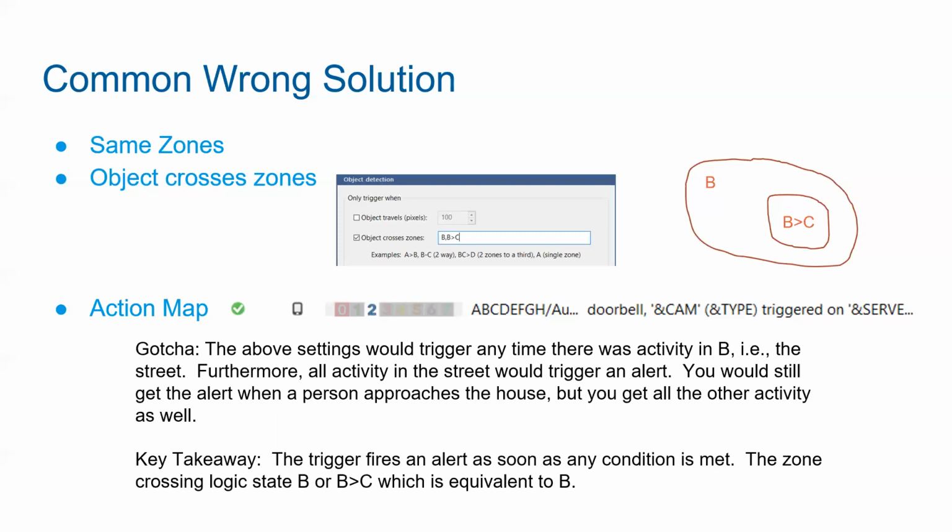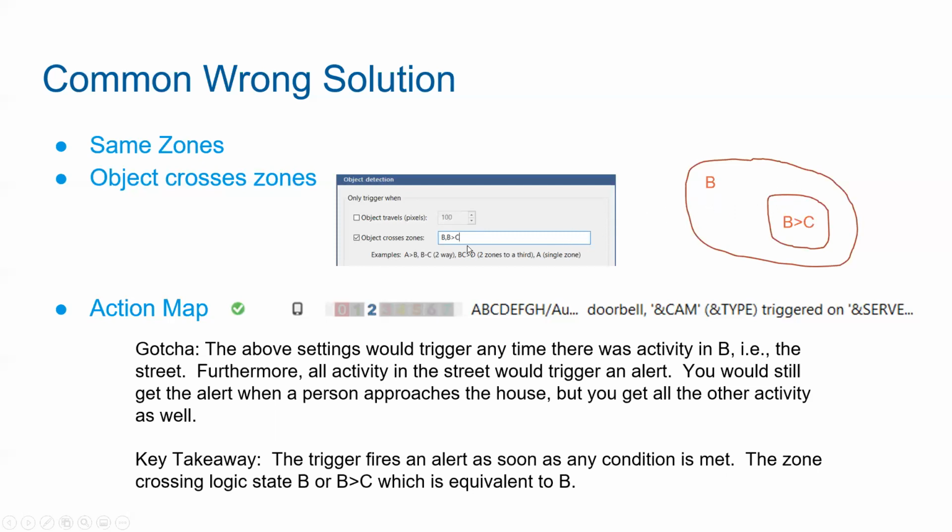If a car is driving by, you want it to register in your database for whatever reason, but you don't want to get alerted on that. You only want to get alerted if the guy on the street drives into your driveway, right? It goes from B to C. That's what you're trying to do, but this is why this logic won't work. I hope you understand that first of all.